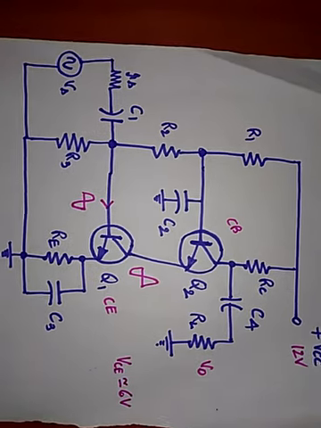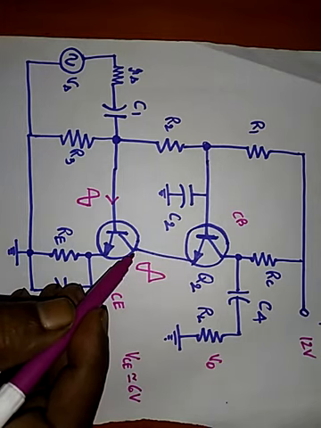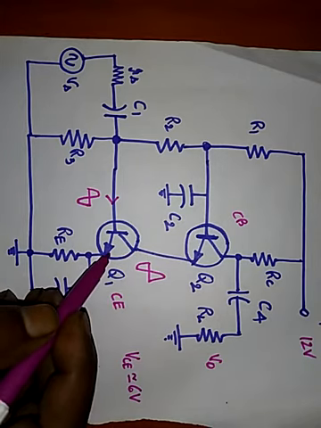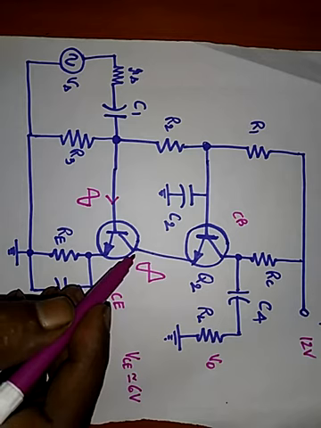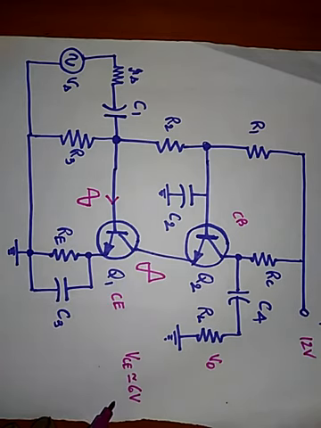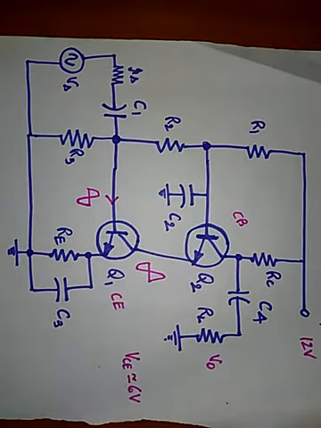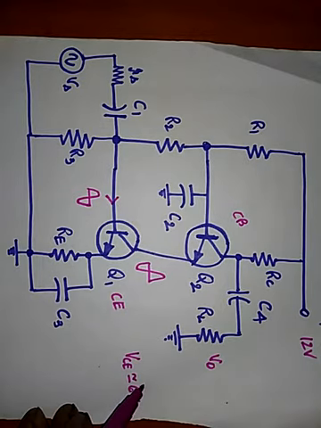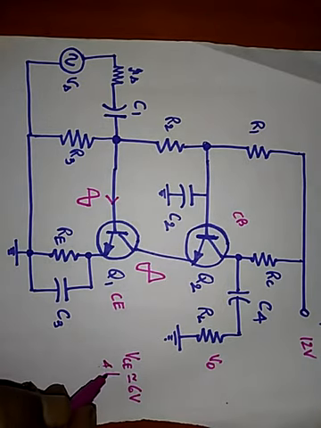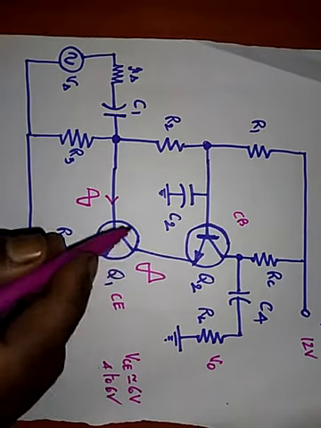When you do the practical, use a multimeter in the voltage range and measure the collector to emitter voltage. Roughly it has to be 6 volts because the other parts also have to share the voltage. So this can be anywhere between 4 to 6 volts. That means it is all set to amplify the signal.